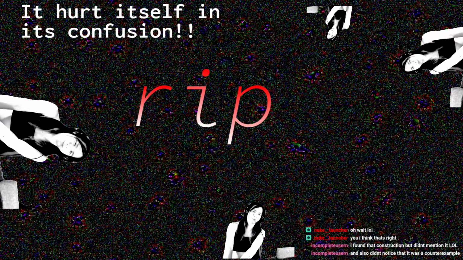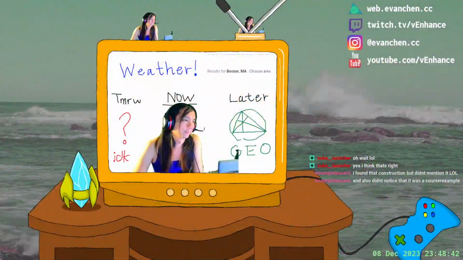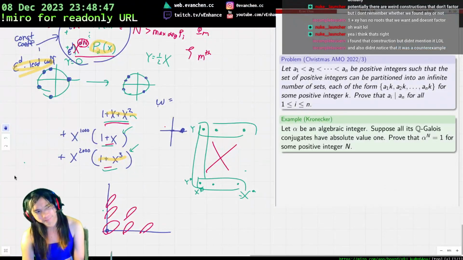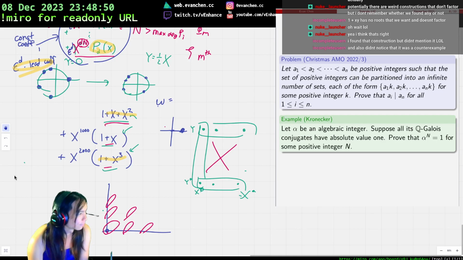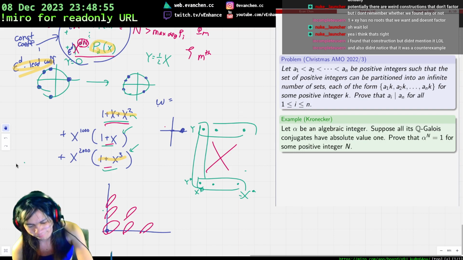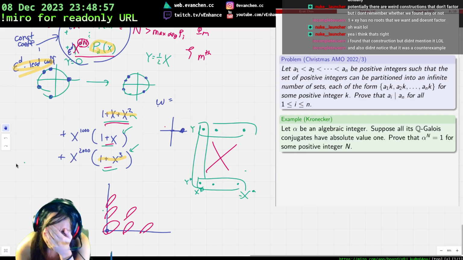Why did you tell me about 1 plus xy? We could have been done an hour earlier if you had mentioned this counterexample. Holy fuck. Oh, okay. Incidentally, when I set the top row as a copy, okay, oh my god, it doesn't factor.